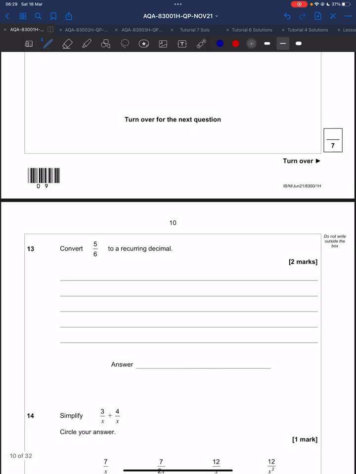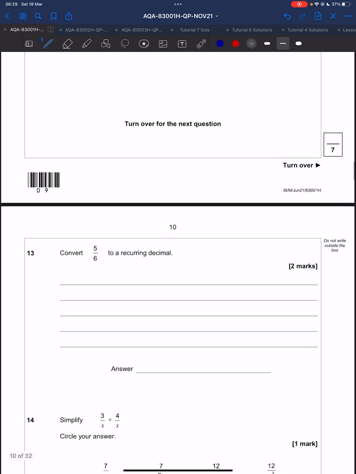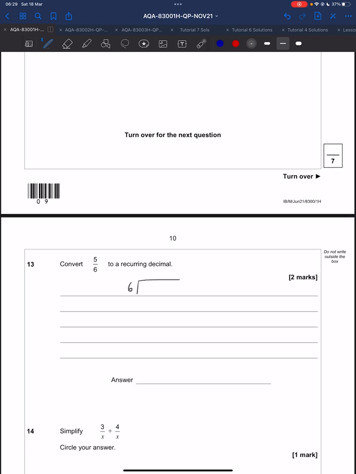Right, convert 5 divided by 6 to a recurring decimal. So what we do then, 6 into 5.0000. 6 into 5, 0 remainder 5. Then we've got 6 into 50, got 8 remainder 2.